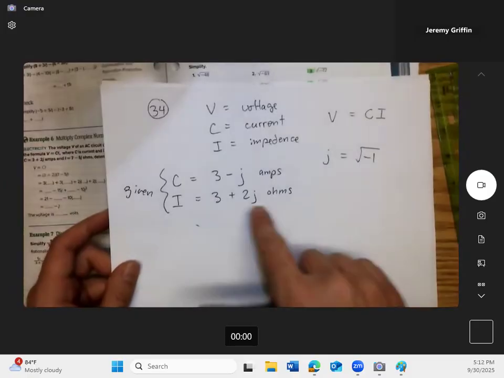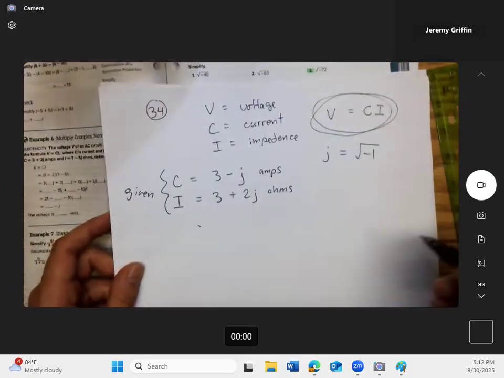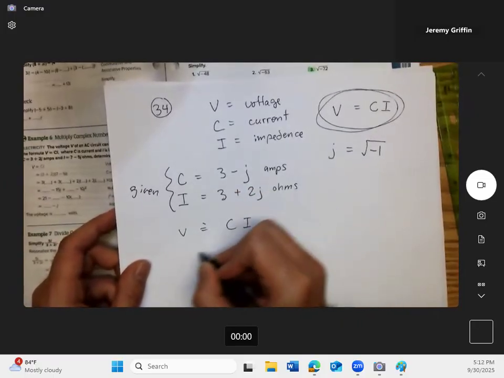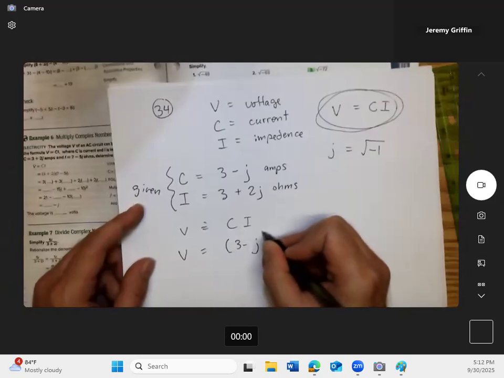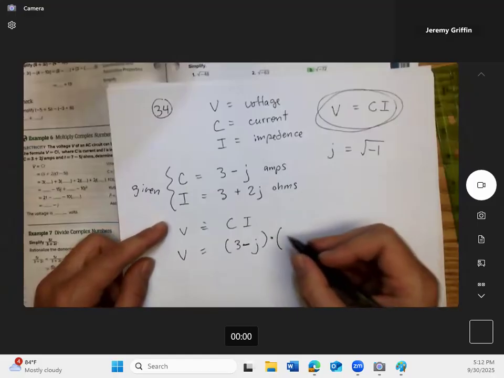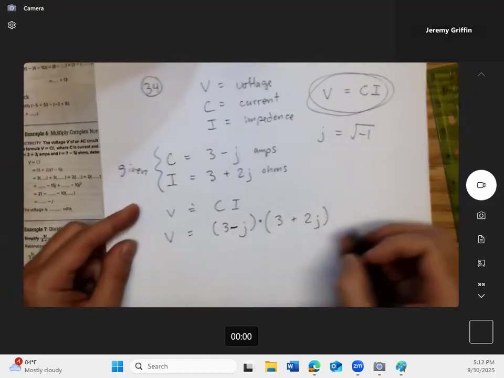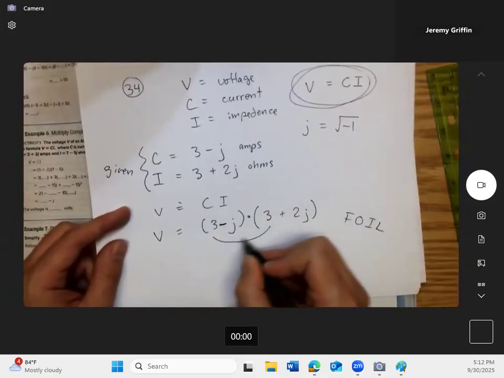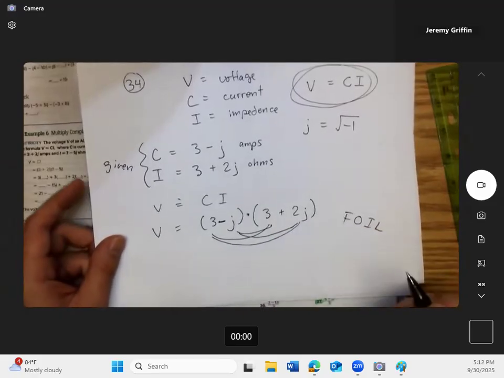Okay. All right, so let's just plug this right into Ohm's law right here. And so here's our guiding formula, Ohm's law. So V equals CI. So V equals, now C is 3 minus j times, and then I is 3 plus 2j. Okay. So let's do some FOIL, FOIL. Got first, outside, inside, last, FOIL, FOIL.